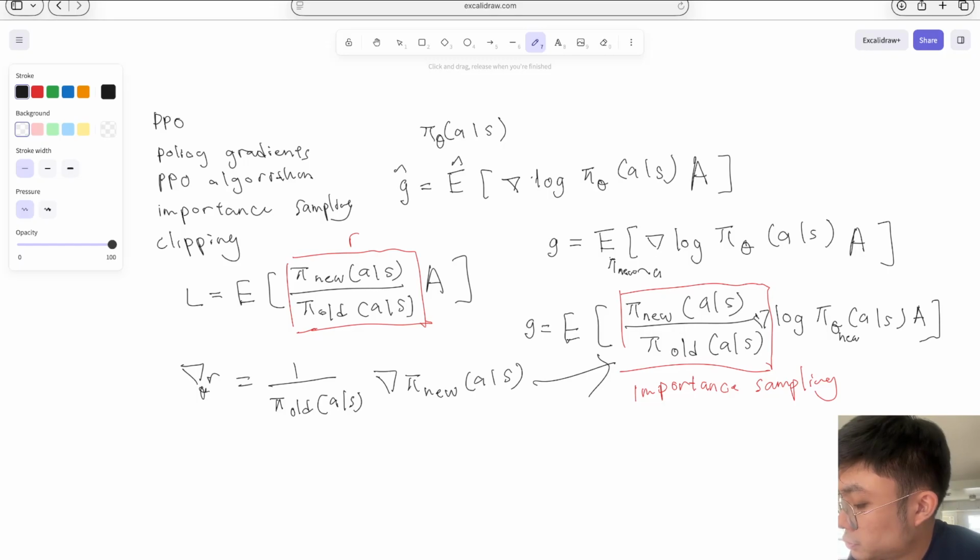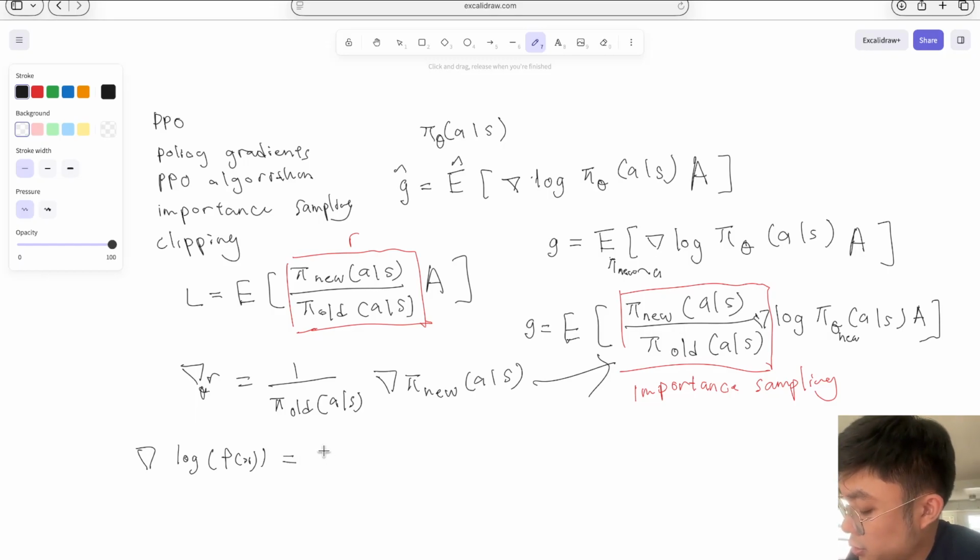Let's say we have some log of a function, and then we take a derivative of it.